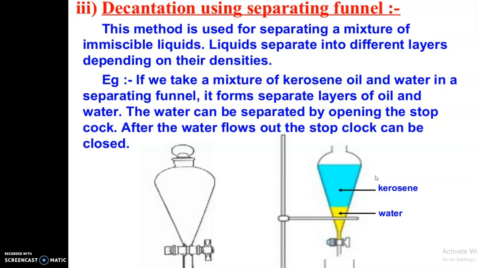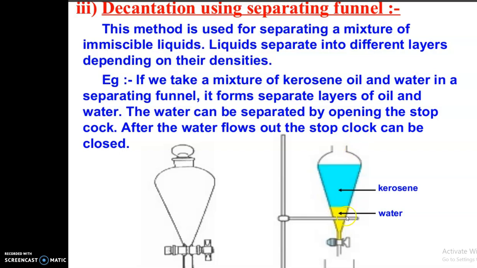The next method is decantation using a separating funnel. This equipment is known as a separating funnel. This method is used for separating a mixture of immiscible liquids. What are immiscible liquids? Those which will not be miscible, they do not dissolve each other. So liquids separate into different layers depending on their densities. Here the technique used is the difference in densities. For example, if you take a mixture of kerosene oil and water, we know kerosene and water are immiscible.